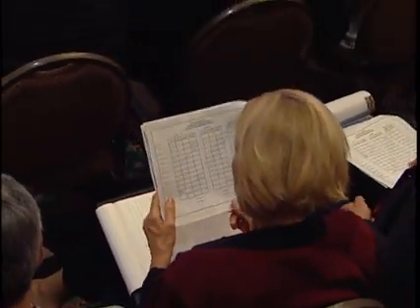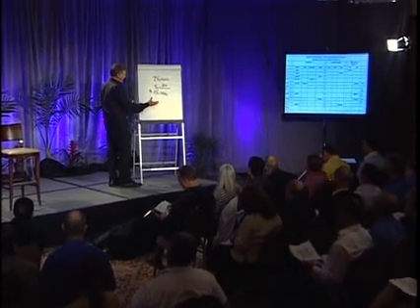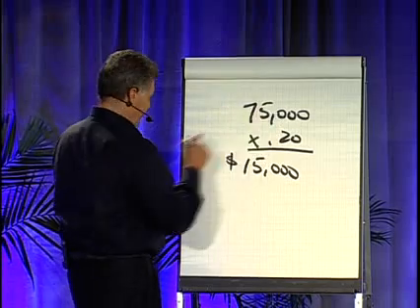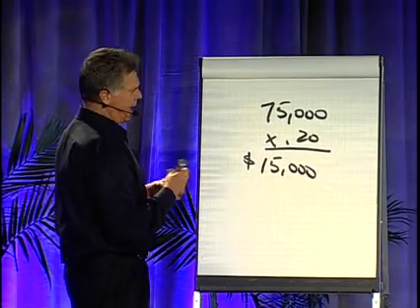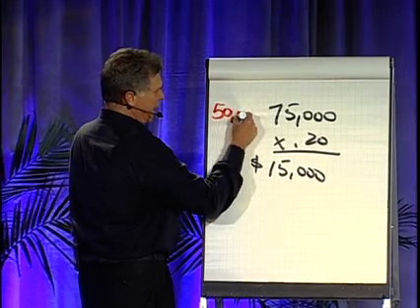So we're going to look at line 4.3. I think what I did is I bought 75,000 quarts for 15,000 of cash. I think I used 50,000 quarts.